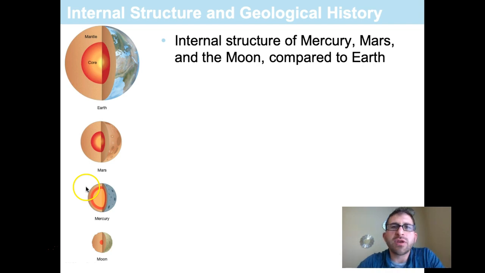Now, there are some different thoughts on why this could be the case, but one of the reasons could be that Mercury suffered a very large glancing impact in the past, and that its mantle was somehow removed from the planet by a very large impact.